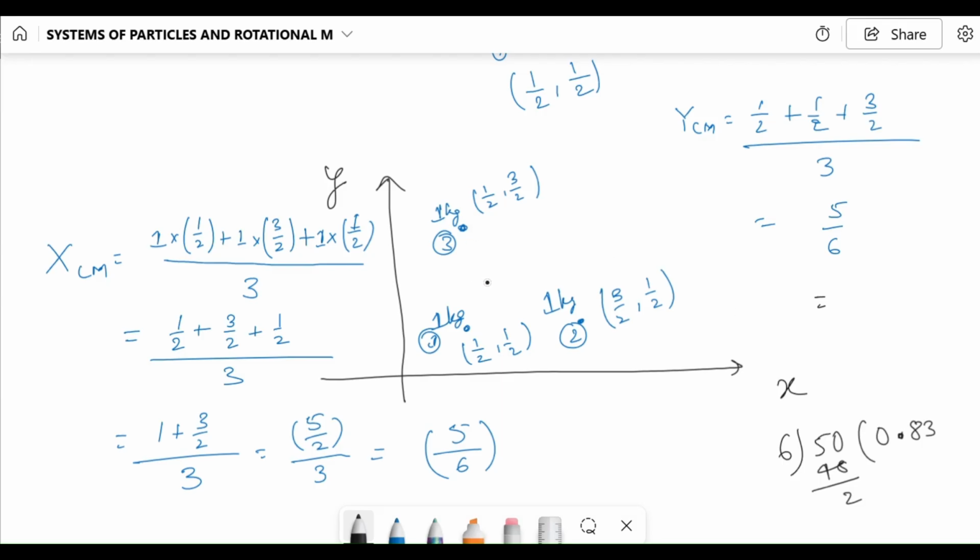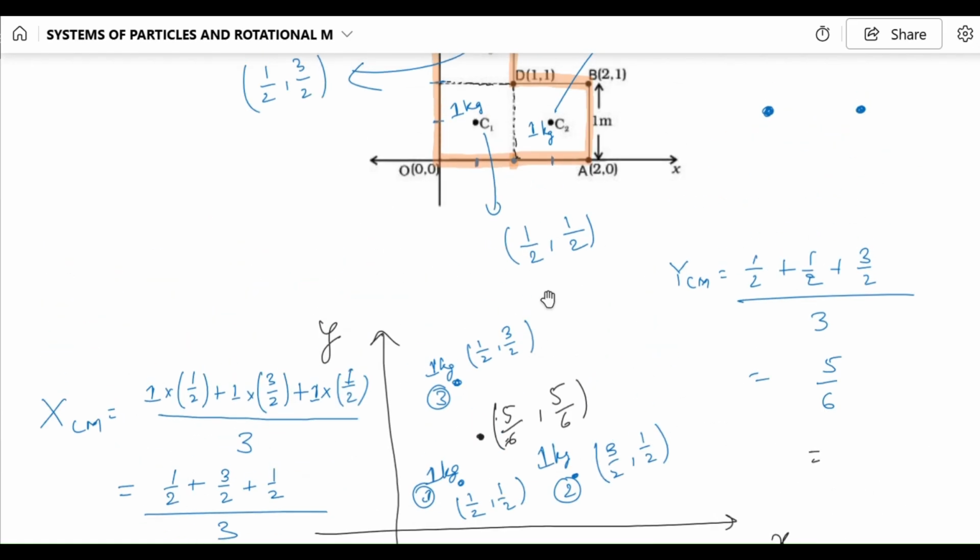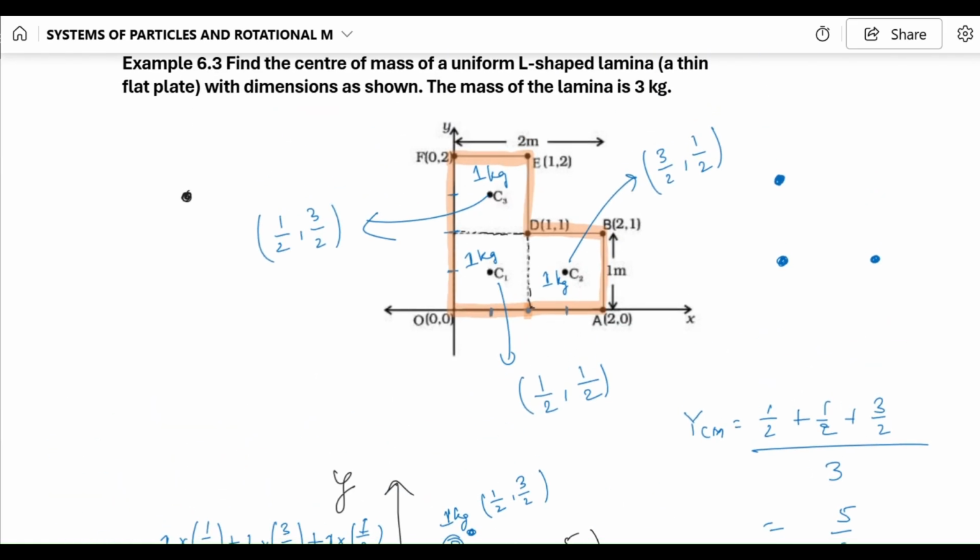So it will be somewhere here, and the coordinate will be 0.83, or simply we can write 5 by 6 and 5 by 6. So this way, let's get back to the actual diagram here. We can write the center of mass is here. I'm using a different color.